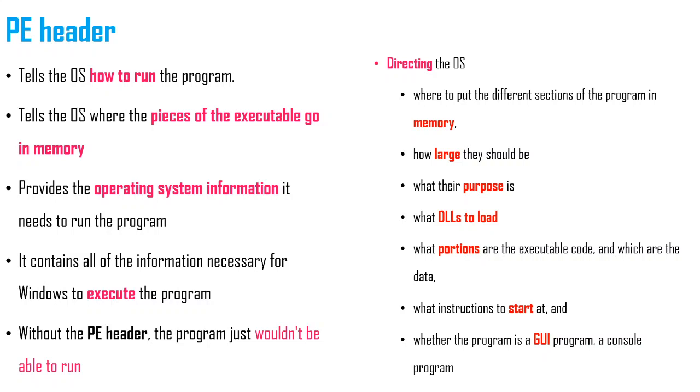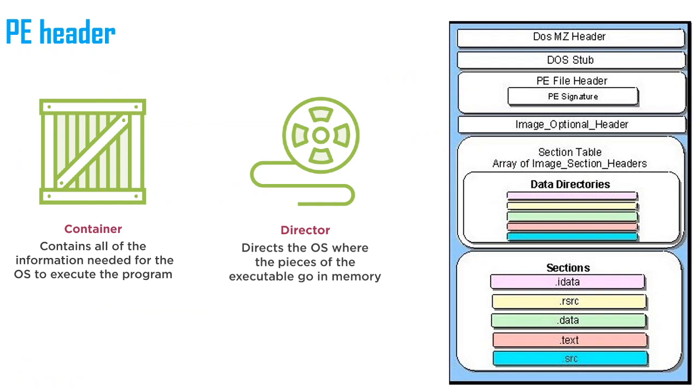The PE header directs the OS where the different sections of the program should be placed in memory, what supporting DLLs have to be loaded while executing this malicious program, and whether it should run in GUI mode or console mode, or be an Xbox program. Everything is told by the PE header of a particular malicious file.